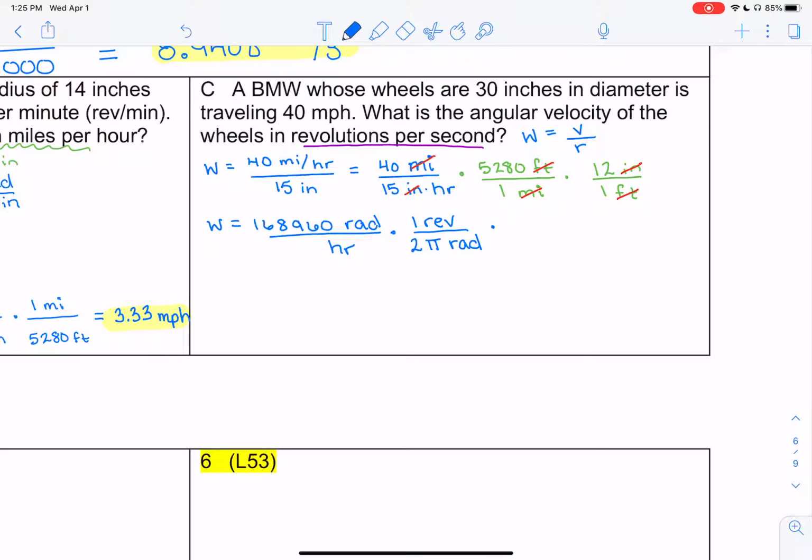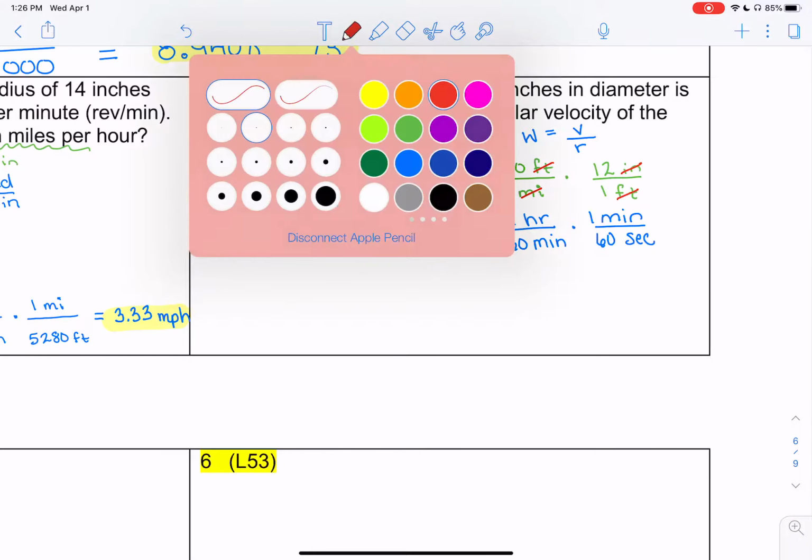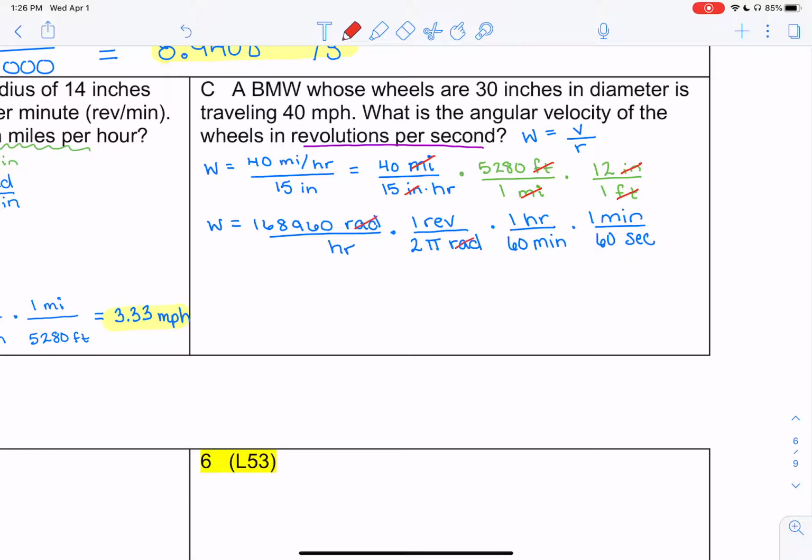And then hours converted over to minutes. And then minutes converted over to seconds. Canceling out any units. Hours cancel, minutes cancel. What I'm left with is revolutions per second.